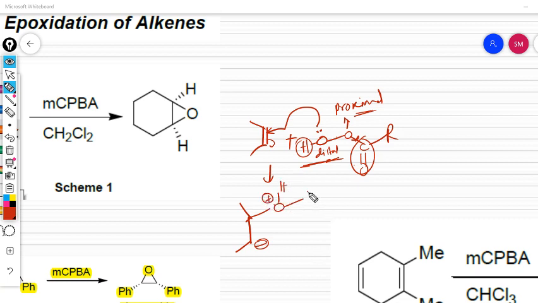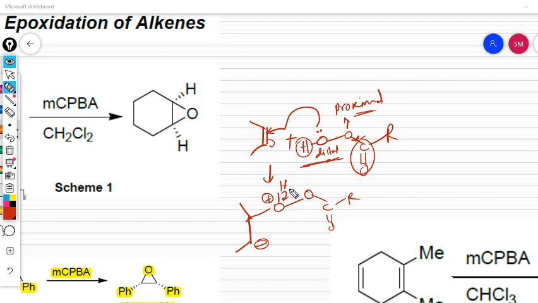So this will become plus, and this minus is going to attack on this, so H plus will be eliminated. Or if I write it even more explanatively, initially H plus is eliminated.